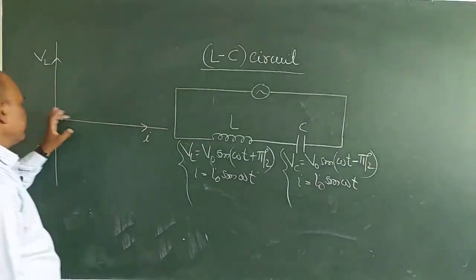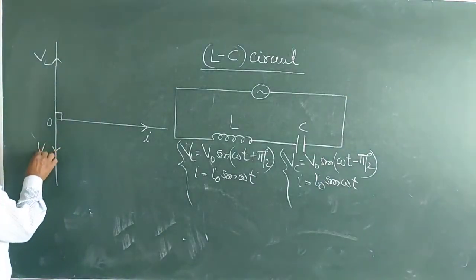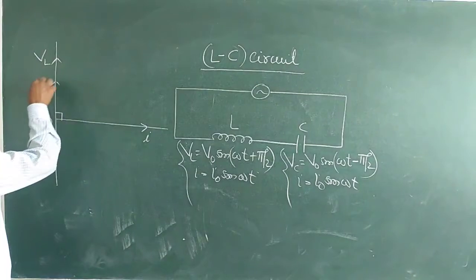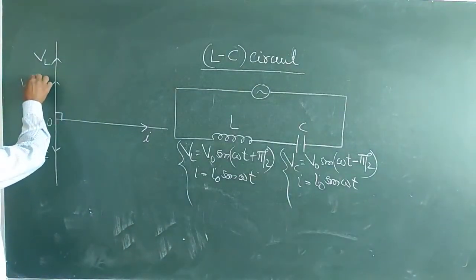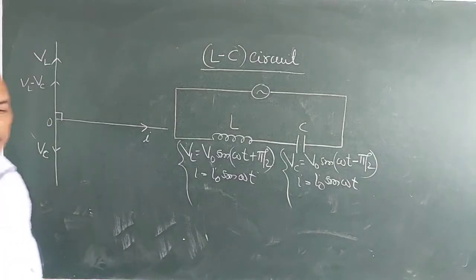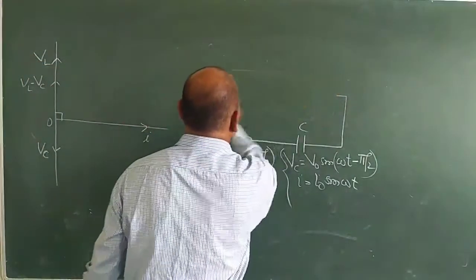Since current is taken on the origin, VC will be in the negative direction. Now, if you consider the resultant voltage between VL and VC, we may have VL minus VC or VC minus VL. This will be the difference of VL and VC.